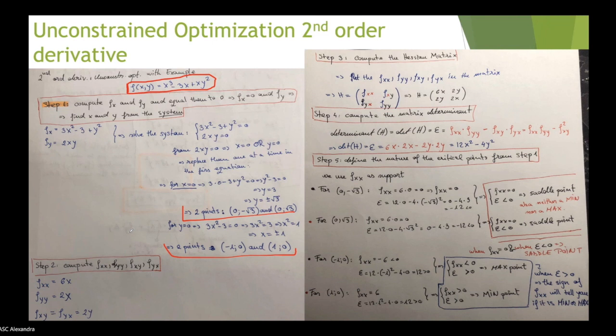Then the second step is simply to compute the second order derivative and make sure that your fxy and fyx are the same. Otherwise, you're wrong. So check your derivatives again. Then the third step is you have to compute the Hessian matrix.